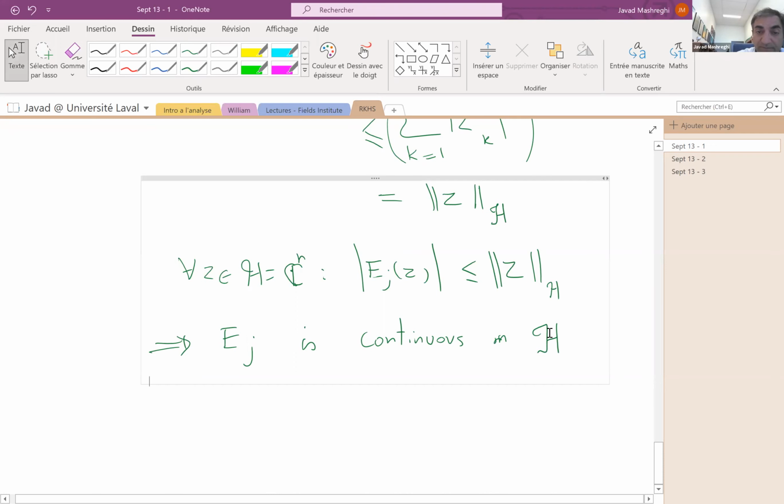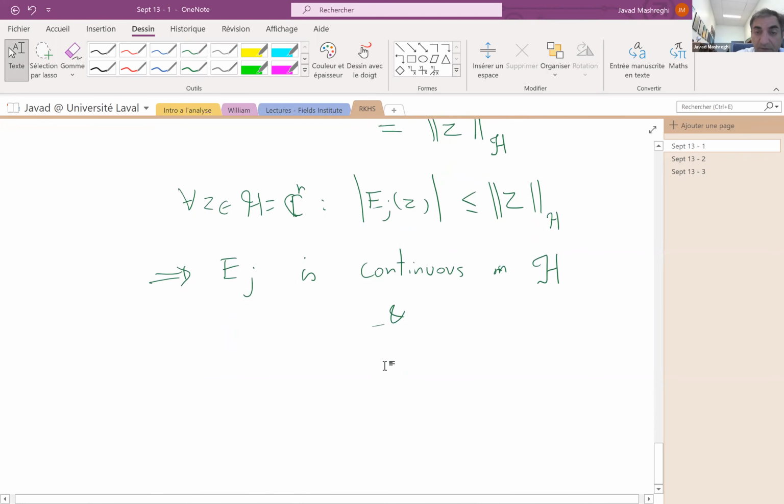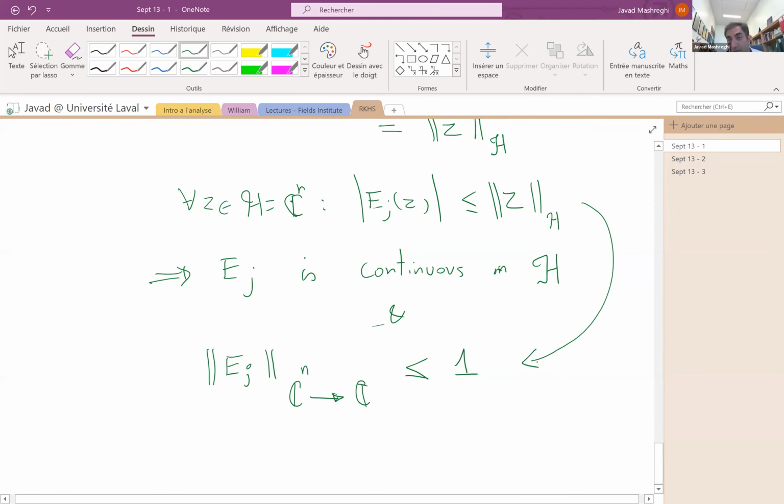And actually, moreover, the inequality that we have above shows that the norm of E_j as a functional on C^n with its value on C is less than or equal to 1. In fact, equality holds. Just consider the canonical basis.